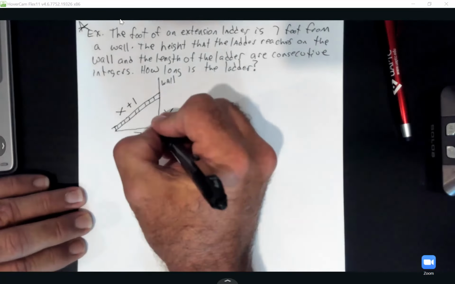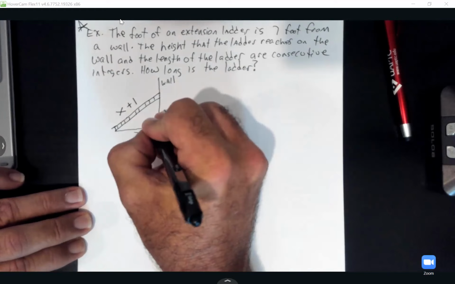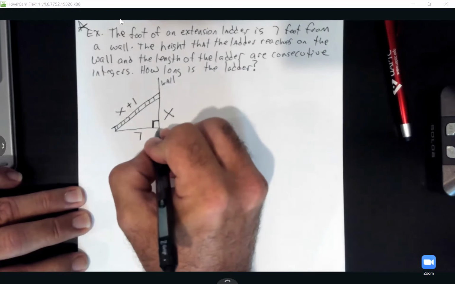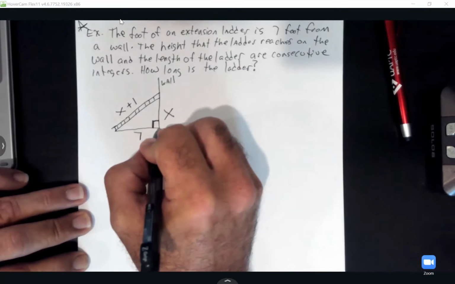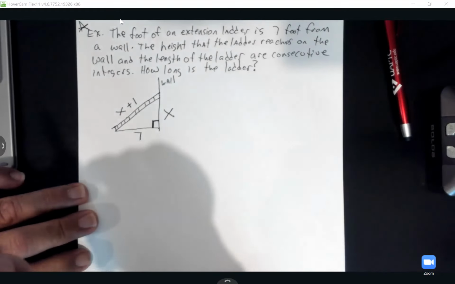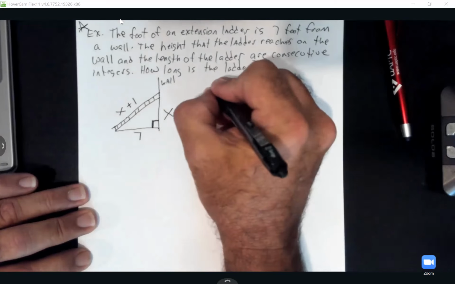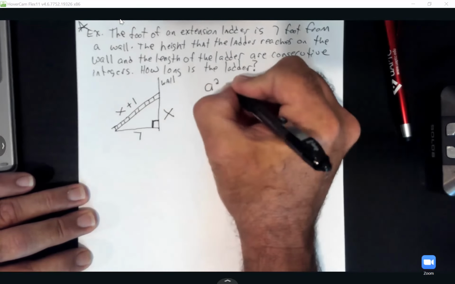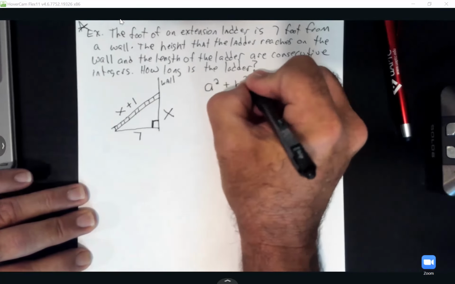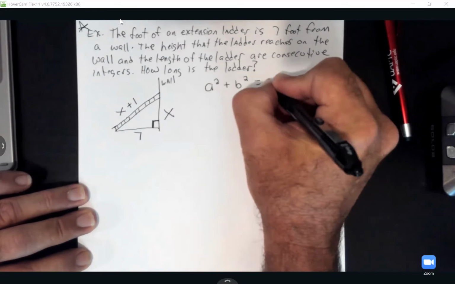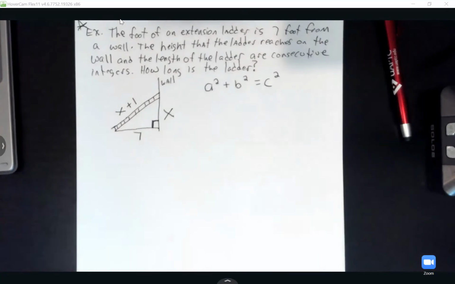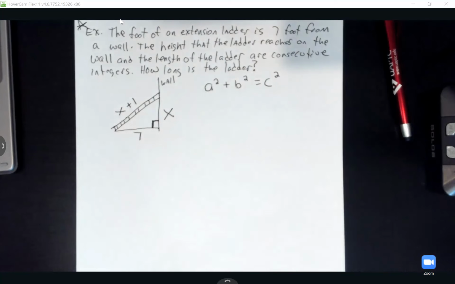But y'all, guess what I got here? I got another one of those nice little right triangles, which means I'm going to use the Pythagorean theorem again. And we know that a squared plus b squared is going to equal c squared. Which side will be my c?